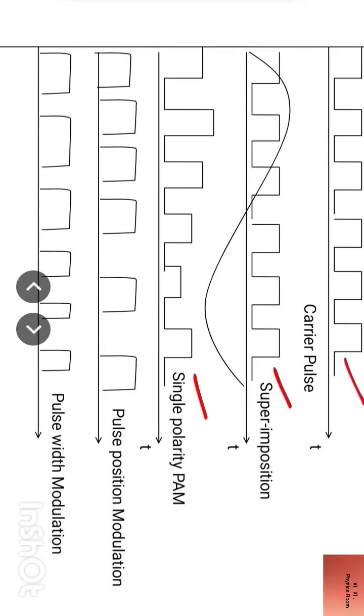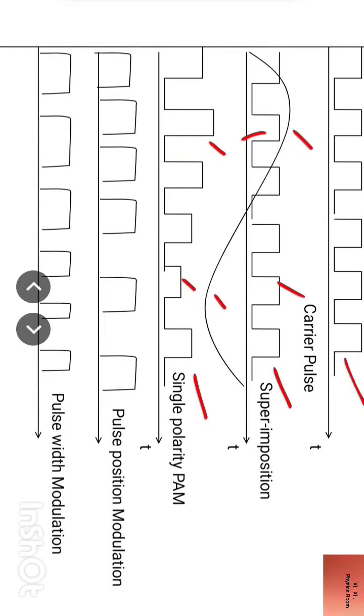Single polarity pulse amplitude modulation has been shown, where the amplitude of the carrier pulse is varied according to the instantaneous amplitude of the modulating signal. Here you see the two are in phase, so amplitude has increased. Here the two are out of phase, so pulse amplitude is reduced.